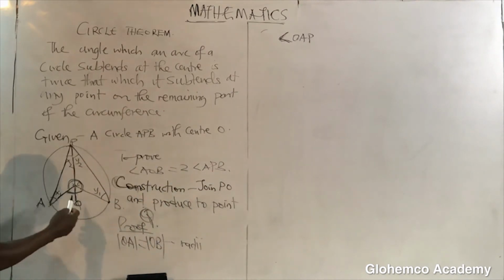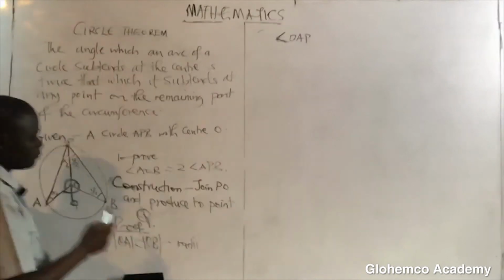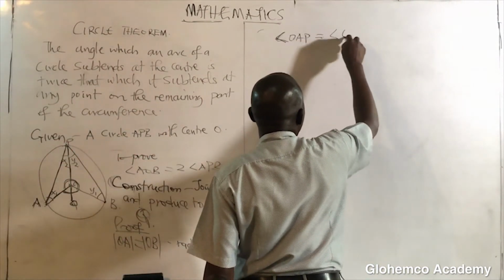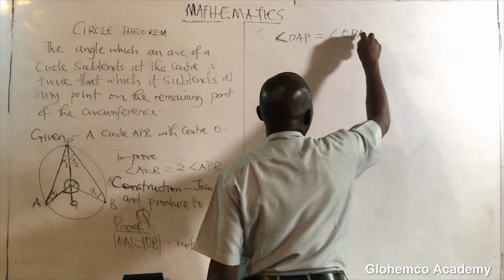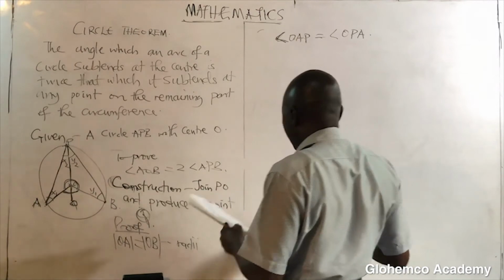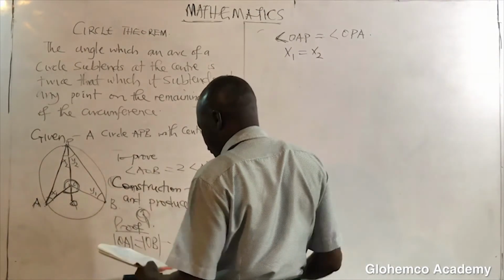So what we are now saying is that angle OAP, which is this angle, will be equal to angle OPA. We did that: x1 equals x2.